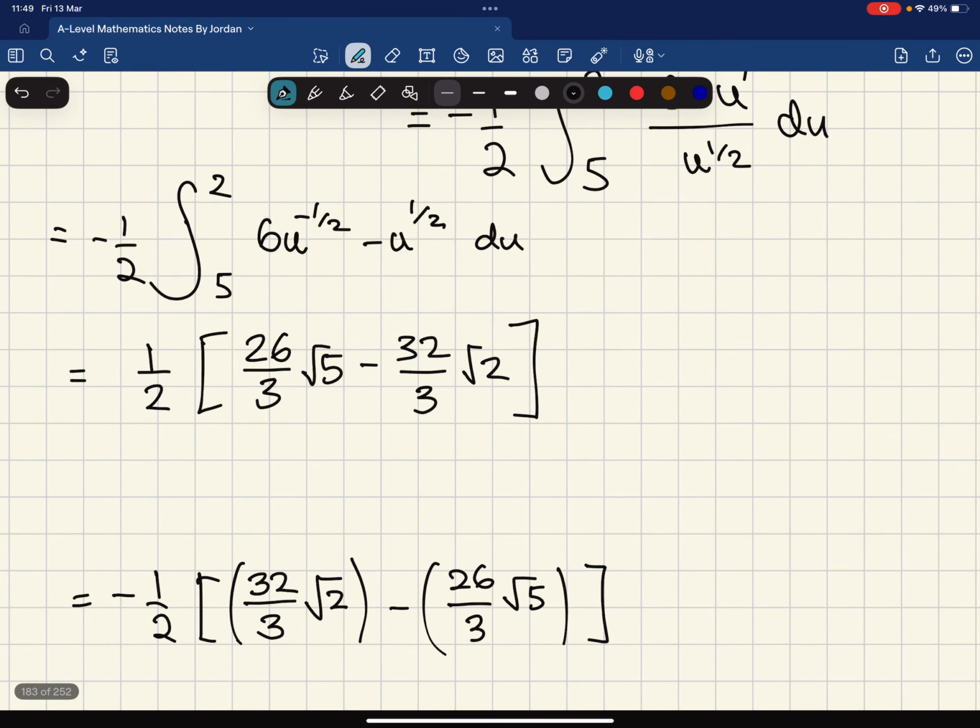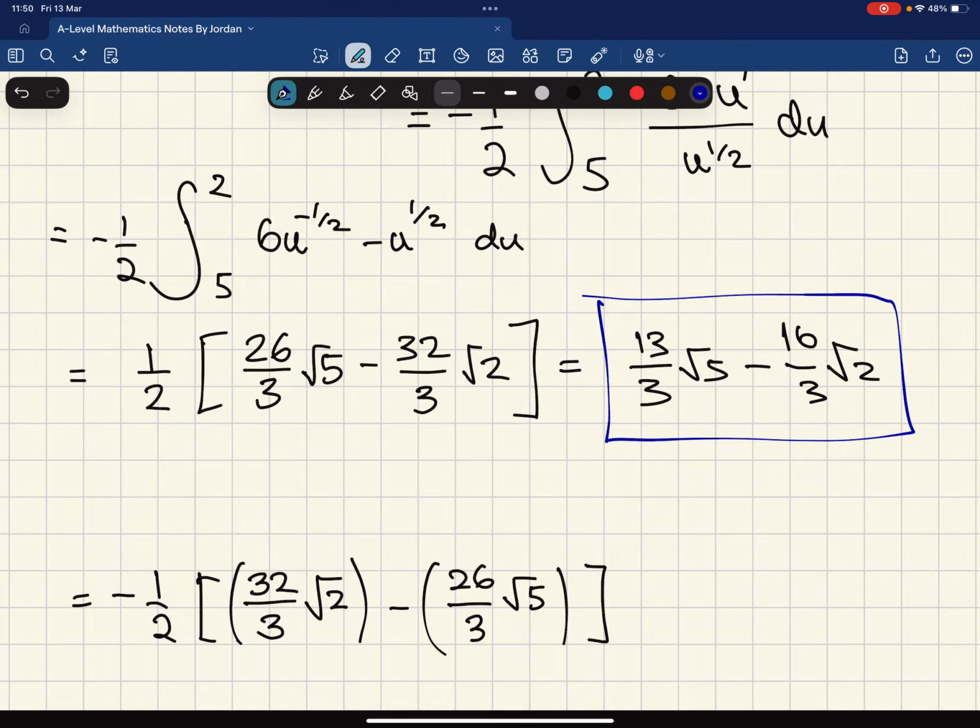Brilliant. Last step to do is to just halve what we have. So let's just halve the numerators. So that's 13 there. 13 over 3 root 5. And then halving 32 here gives us 16. And that will be the final answer.